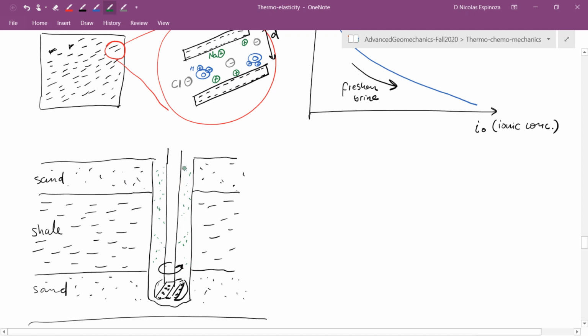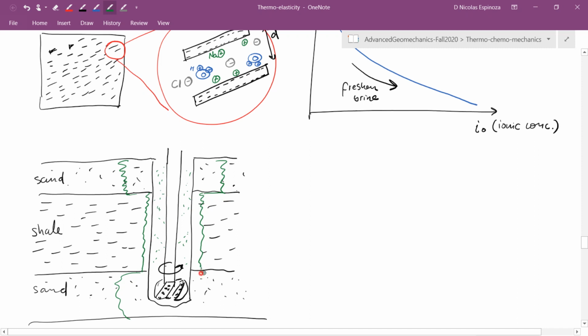So if we have a very permeable formation, then the filtrate of the drilling mud is going to get further into the formation, as for example if we have a shale. But it's going to infiltrate a little bit more as well.